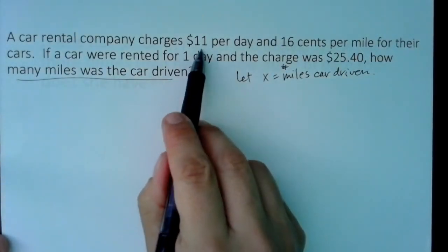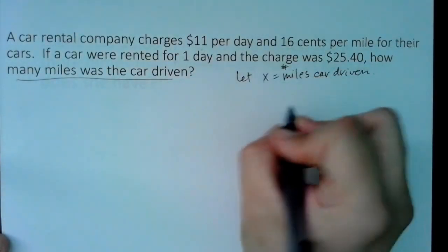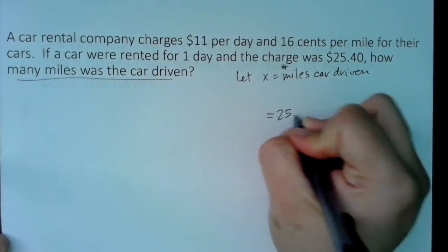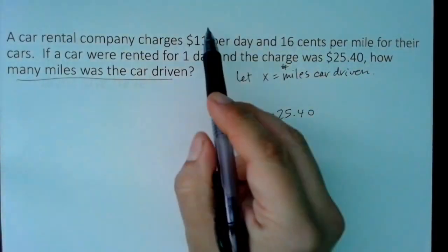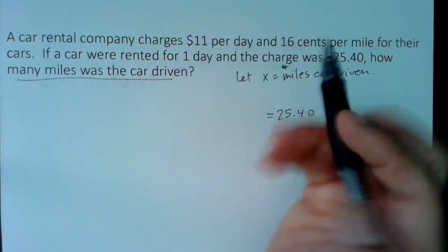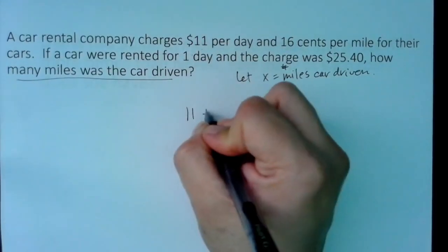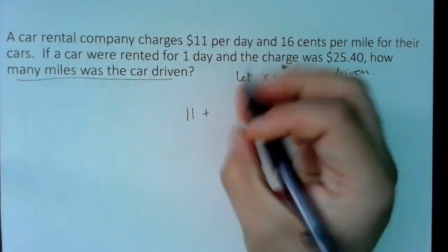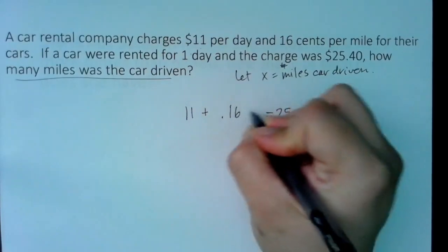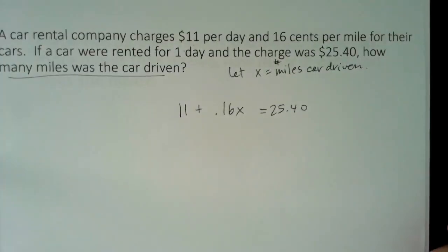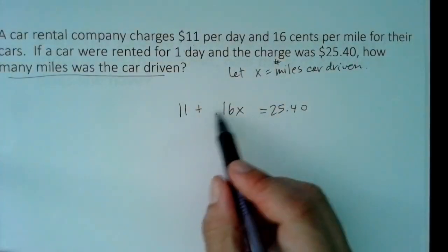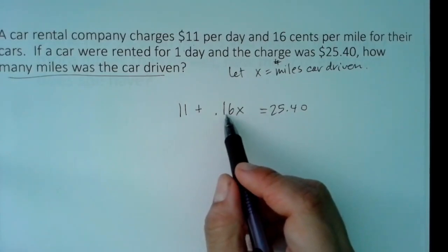So we have $11 per day, and the total charge is going to end up being $25.40. Since it's only 1 day, it's going to be $11 plus 16 cents per mile, 0.16x, because for every mile you get charged 16 cents.